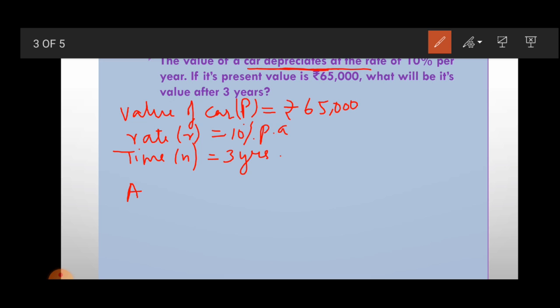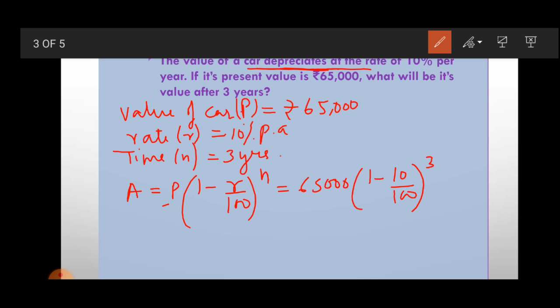So the formula to find amount is P(1 - R/100)^n, which is equal to 65,000 into (1 - 10/100)^3.